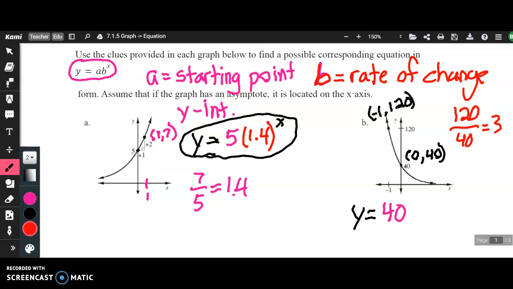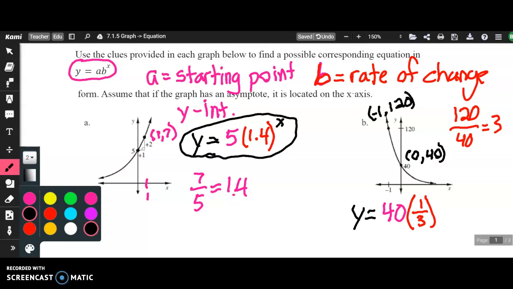What that tells me is that 40 is 1/3 of 120. So if I wanted to go down from 120 to 40, I would have to multiply by 1/3. Then I just put my x here, so 1/3 to the power x.